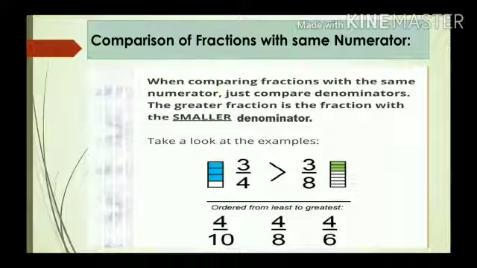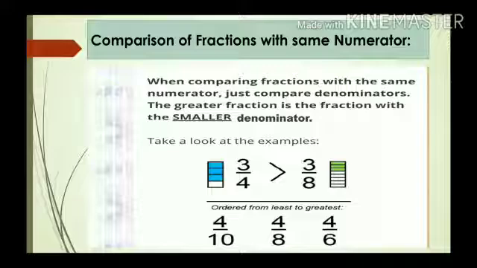Okay, students, now see whose denominator is smaller, that is the greater fraction, and whose denominator is greater, that is the smallest fraction. So take a look at the example, 3 upon 4 and 3 upon 8.